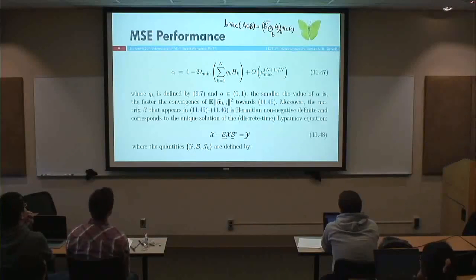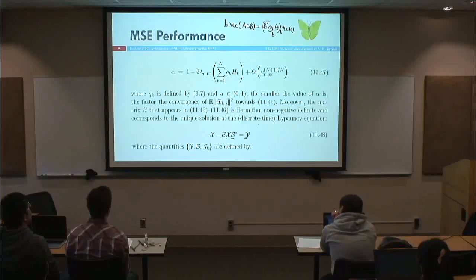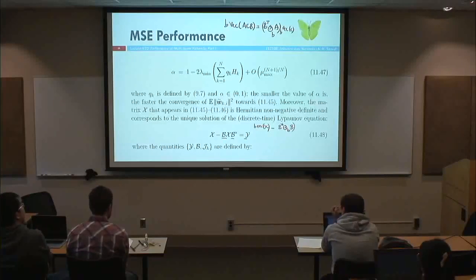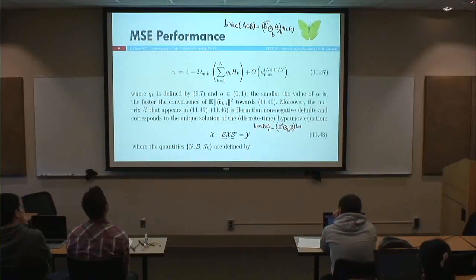So if you come here and you apply that here, what do you get? You will get bvec of X minus B star Kronecker product B, bvec of X again. Yeah, there is a transpose missing somewhere.